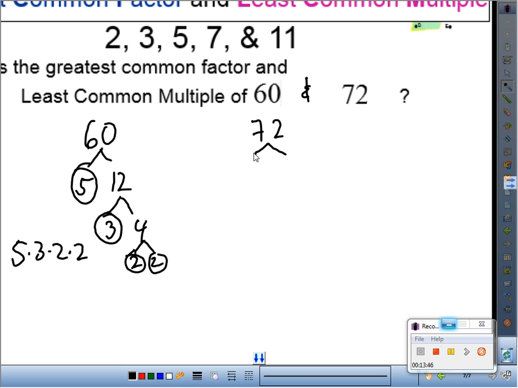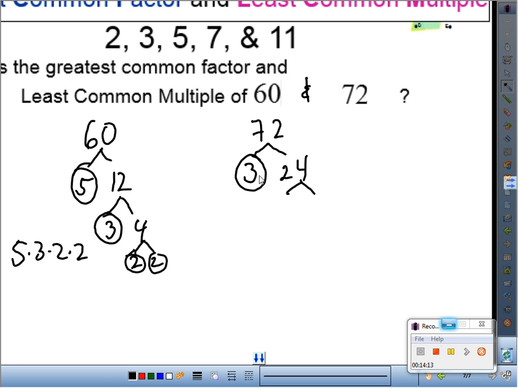72. Which of these divides into that, Ariana? 3 times what? 24. Very good. How about the 24?